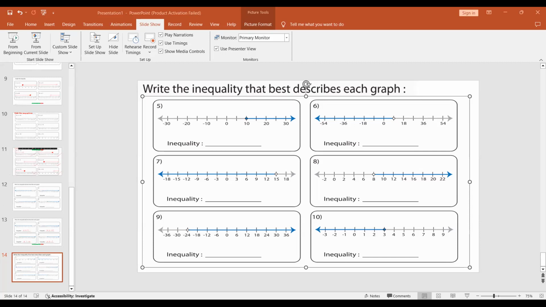Gilriana, what number you on? I am on number 8. Number 8, that's good.